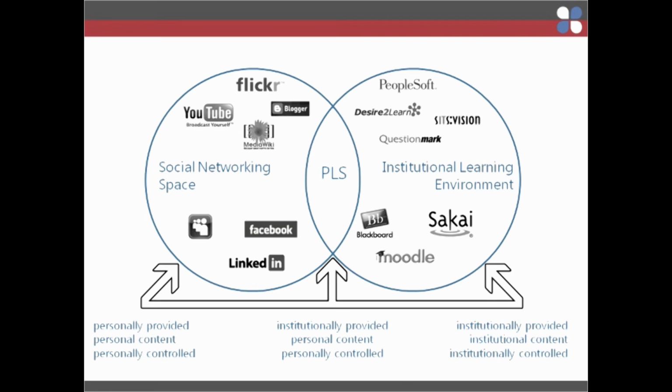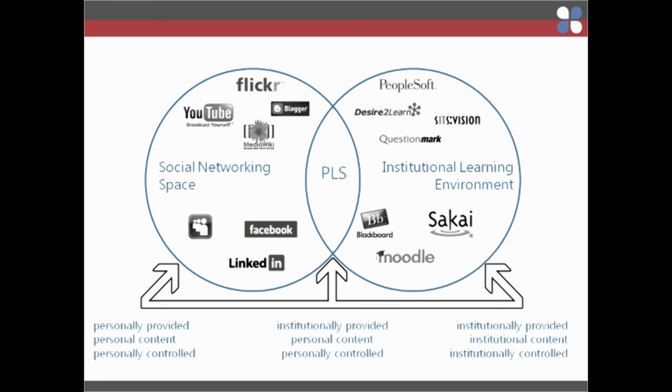So here's how we see the personal learning space situated. And in some ways it's no different to a very good ePortfolio system. On the left-hand side is the social networking space, on the right-hand side the typical institutional learning environment, and in this intersection in the middle is the personal learning space. And you can see from the descriptors at the bottom the different sort of context or the different rules around how they're provided.